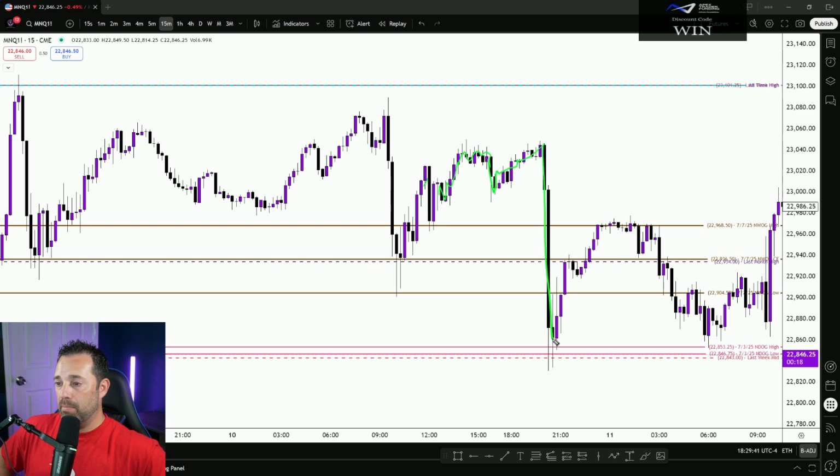And then look at this. Boom, shoots down. This is displacement. Okay? Where else do you see on this chart right now that's obvious displacement? Yep, right there, where it's shot down. That's obvious displacement.